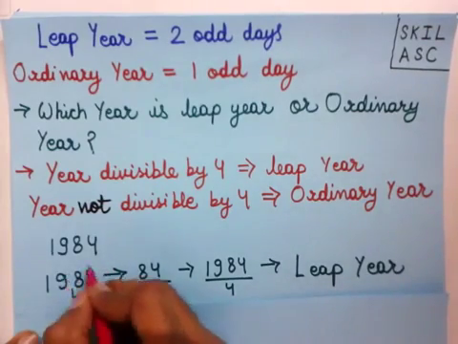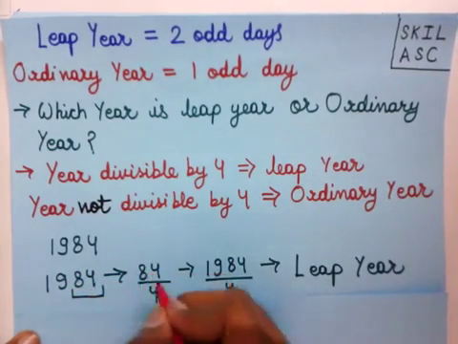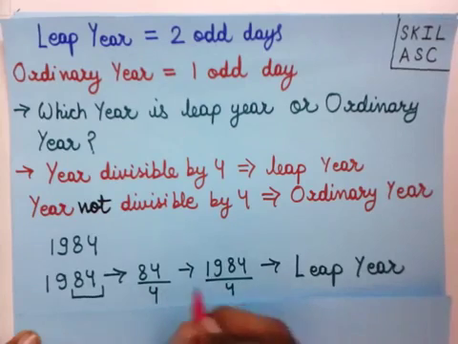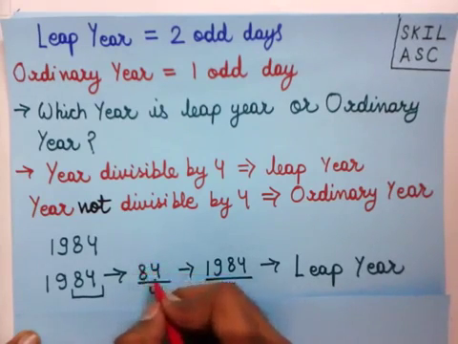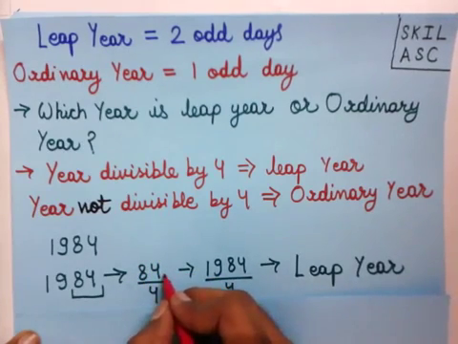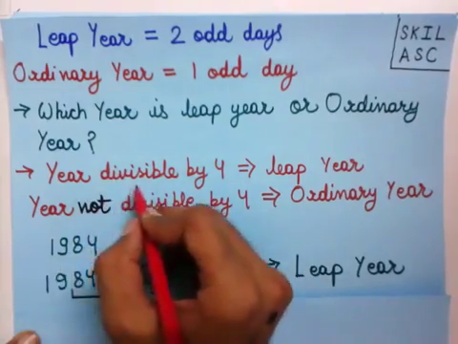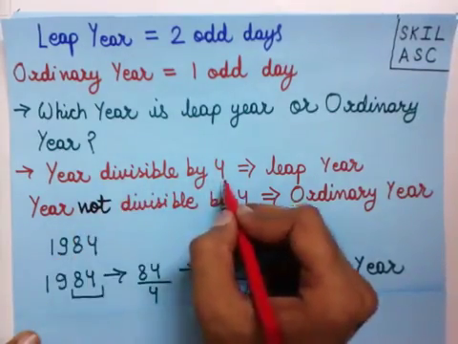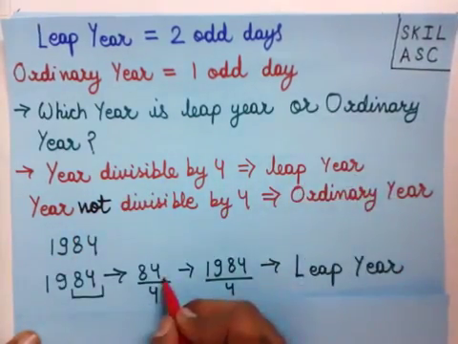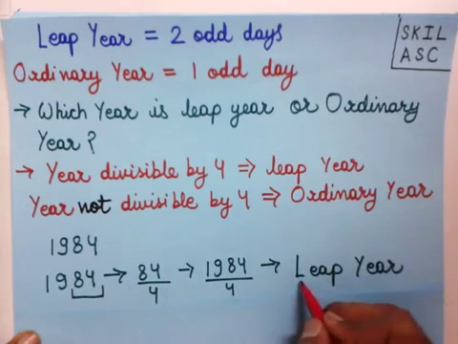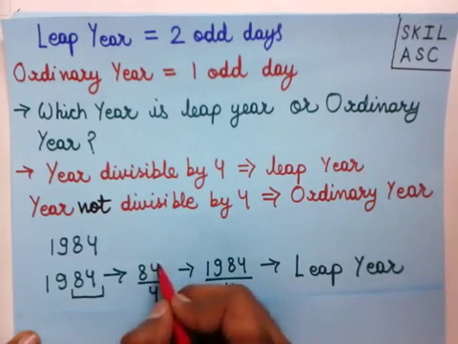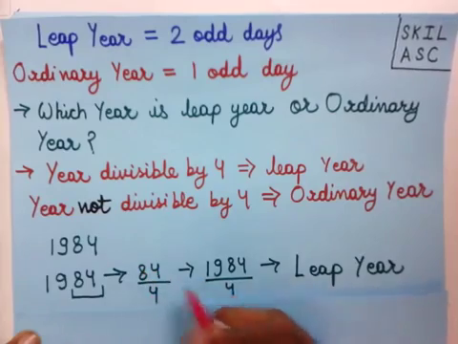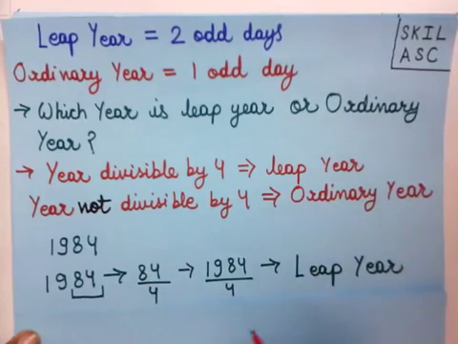You take its last 2 digits and form this number and divide it by 4 and check if this number is divisible by 4 or not. If the year is divisible by 4, then it will be a leap year, and if it is not divisible by 4, then it will be an ordinary year.